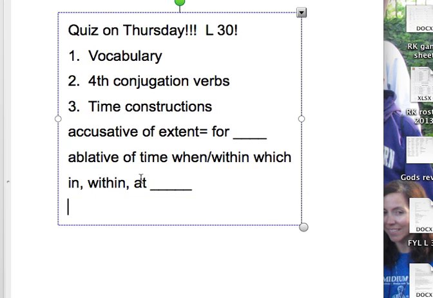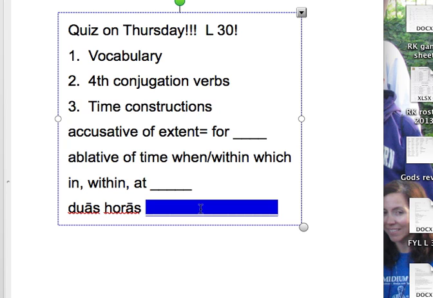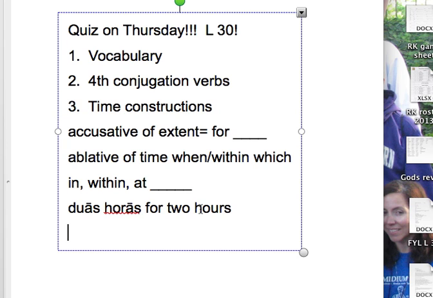Let's look at a couple examples. If I give you duas horas, like this, you need to recognize that's accusative, so you're going to translate it for 2 hours. If, on the other hand, I give you something like this, secunda hora, so the same word, right? Hora, horas, same word. This time it's an ablative.